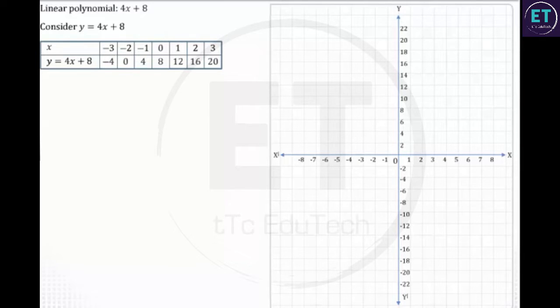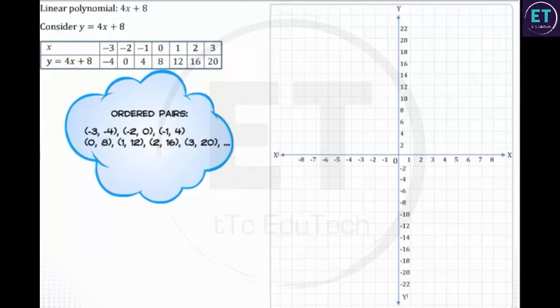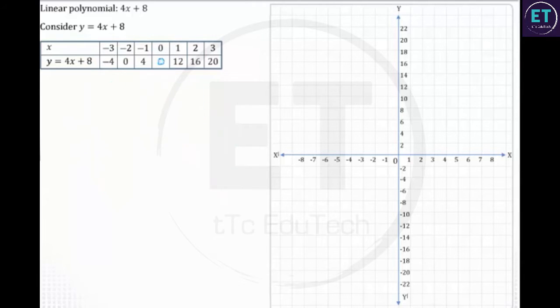This table gives the x coordinates and the corresponding y coordinates. The x coordinate and the corresponding y coordinate together form an ordered pair that represents a point. Let's locate these points on the graph.